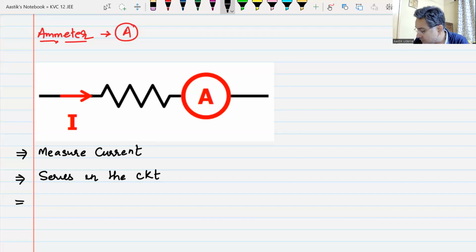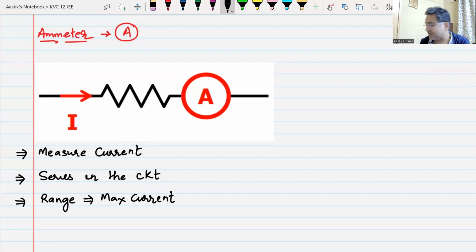Now, every ammeter may have a range. Range means what is the maximum current it can measure. Do we understand this? Whenever you see any electrical device, it has a power rating, it has some rating.